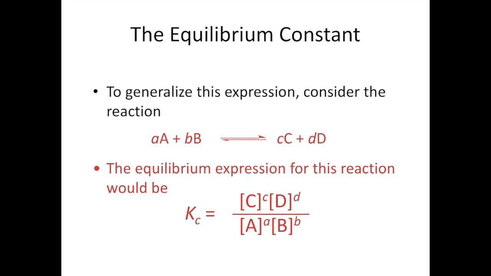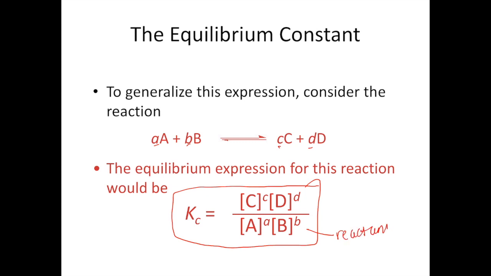All right, so if you have a very general reaction, A plus B goes to C plus D, where the little letters are your stoichiometry, this is what your equilibrium expression will look like. Reactants are on the bottom. Products are on the top. And your stoichiometry goes where your exponents go.